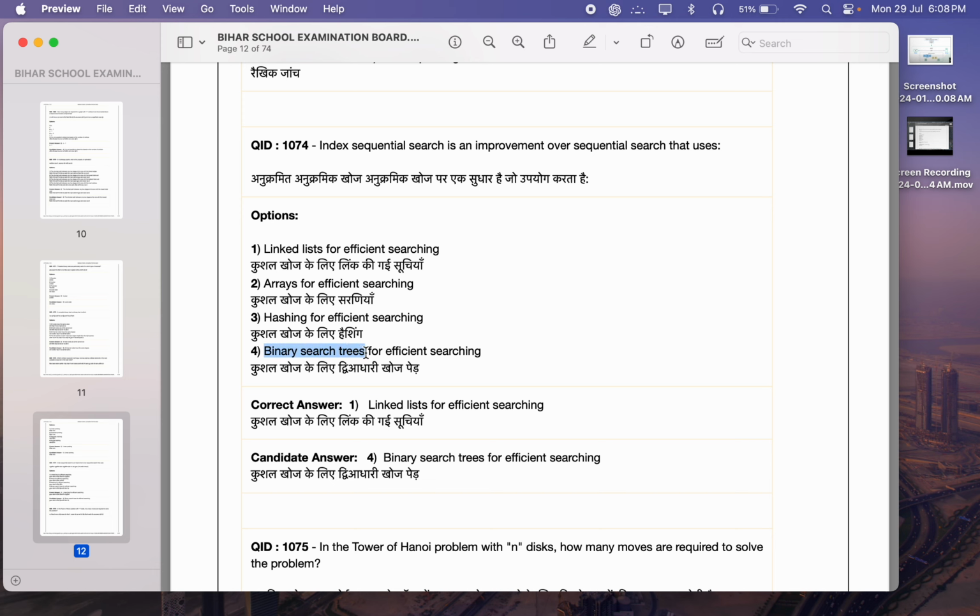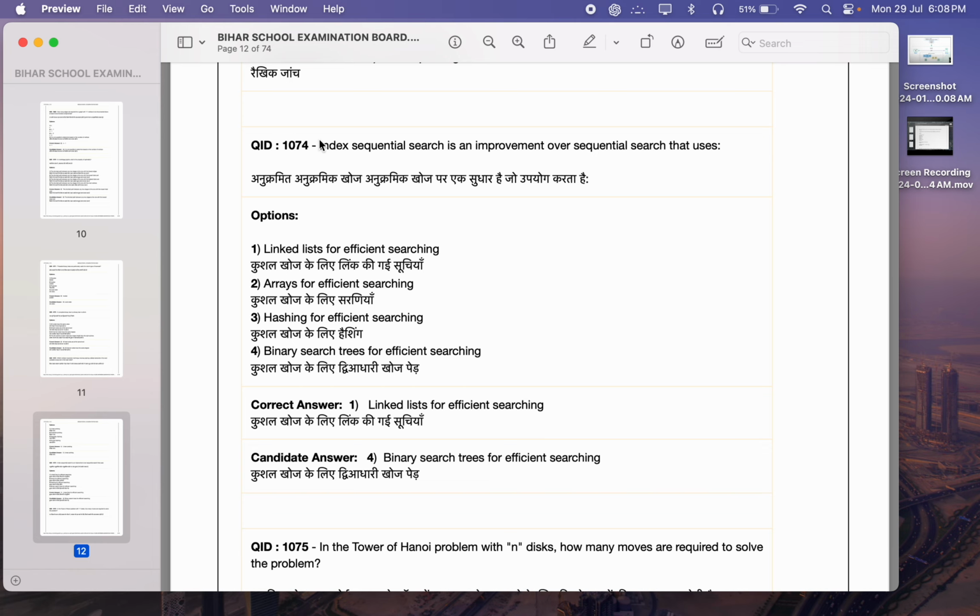You will again have to go with the log n approach, where you choose the first element, and then you go to its left or right depending on whether it is smaller or greater than the picked element. So it's not actually index search.